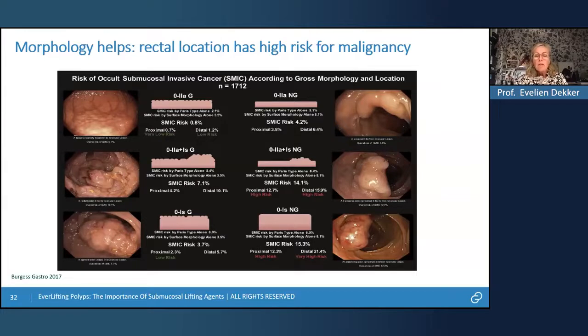And you can see here clearly in the lower end in the rectum, when you detect a lesion that's non-granular, the risk of submucosal invasion is 15%. Whereas in the right-sided colon, it's only 4.2%. And when the lesion is granular in the right-sided colon, the submucosal invasion risk is only 0.8%. So this also should guide you a little bit in planning your resection strategy.